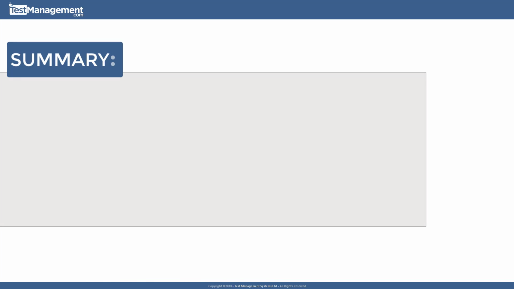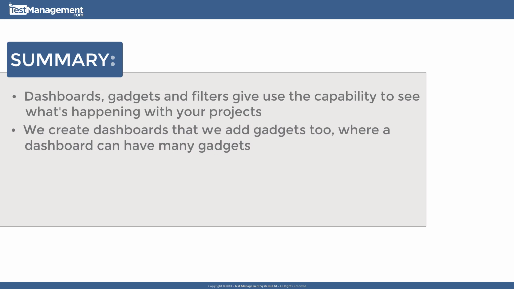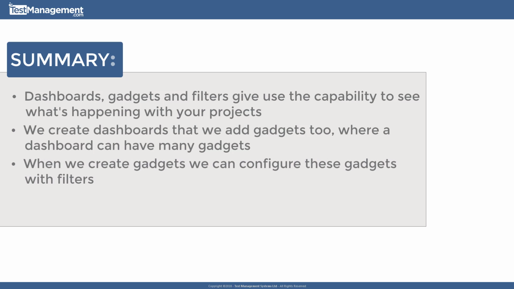In summary then, dashboards, gadgets and filters give us the capability to see what's happening with our projects. We can create dashboards that we add gadgets to, and where a dashboard can have many gadgets. When we create gadgets, we can configure those gadgets with filters, and those filters allow us to focus on the data that we're interested in.